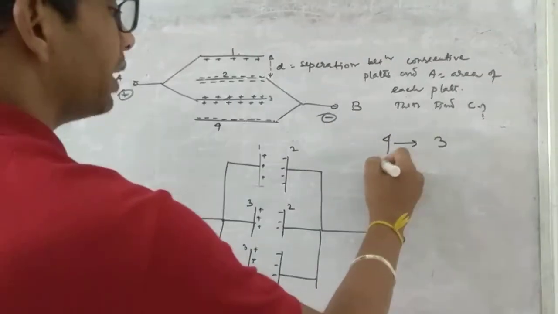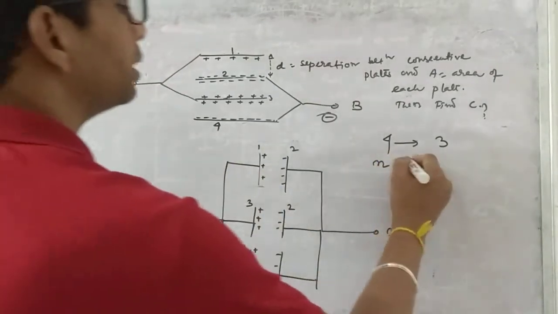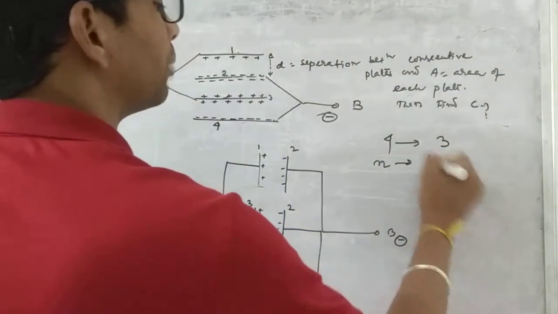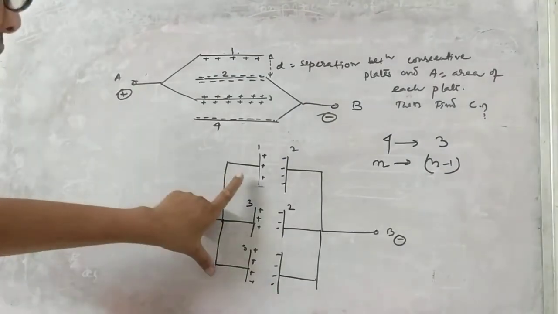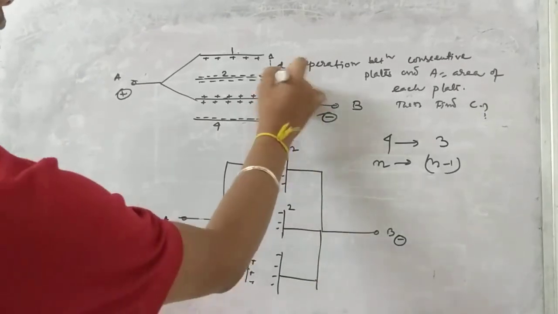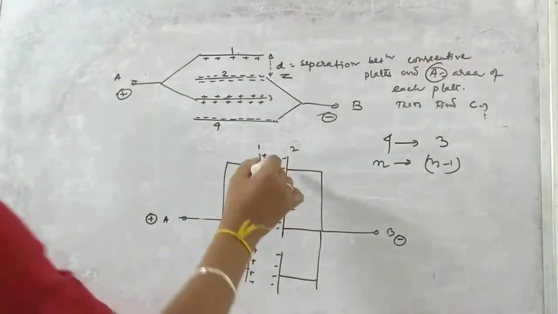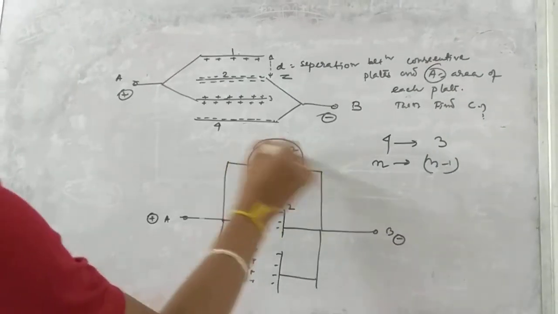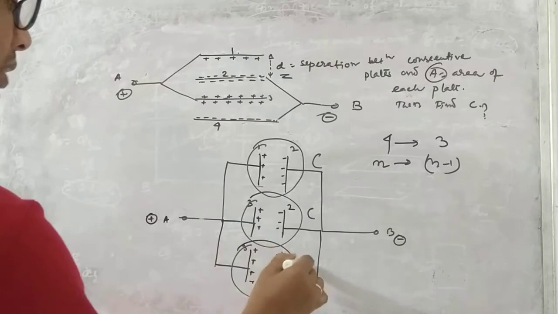Therefore, if we have n number of plates connected alternately positive and negative, then we get n minus 1 capacitors. Now solving for the equivalent capacitance. Since each plate has area A and the separation is D, each capacitor has the same value of capacitance.